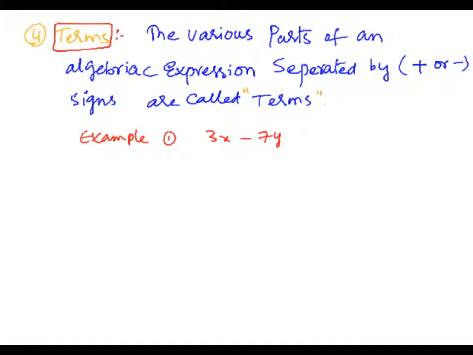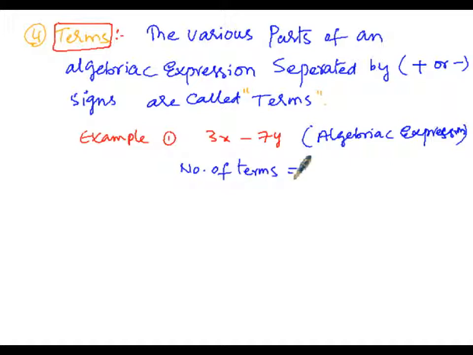So here the number of terms is 2. This is an algebraic expression. In this algebraic expression, the first term is 3x, the second term is 7y. They are separated by the symbol called minus sign. Second example, 5x square minus 7xy plus 2y square.